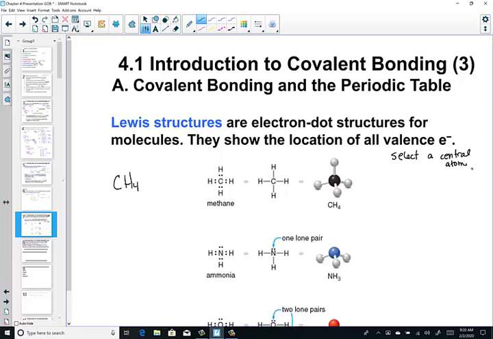We're going to learn to pick the least electronegative element, which is the same as saying pick the one that's farthest from fluorine, but never pick hydrogen because hydrogen only forms one bond, and then you're stuck with just one bond. So hydrogen is never a good choice for the center. We'll also learn that halogens are never a good choice for the center because they also only form one bond.